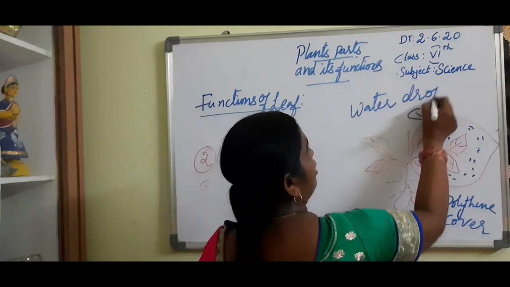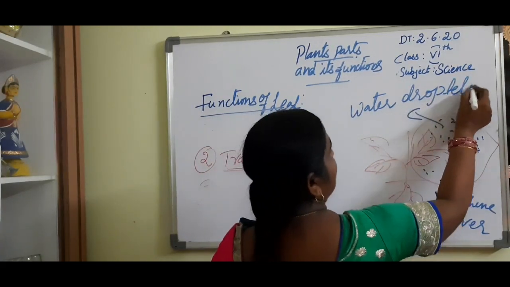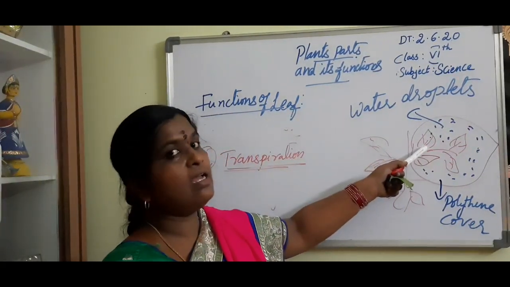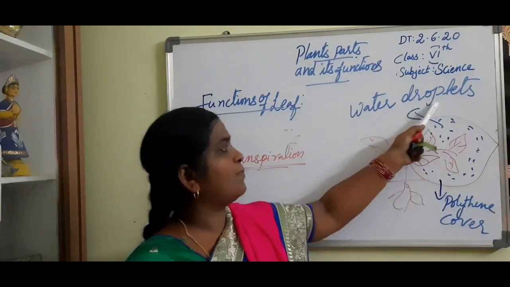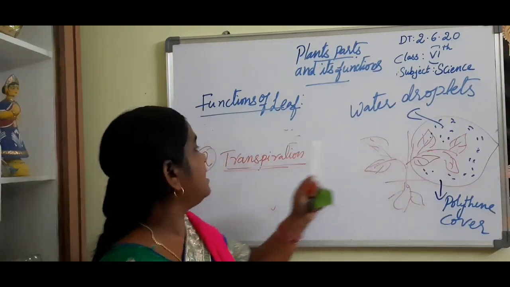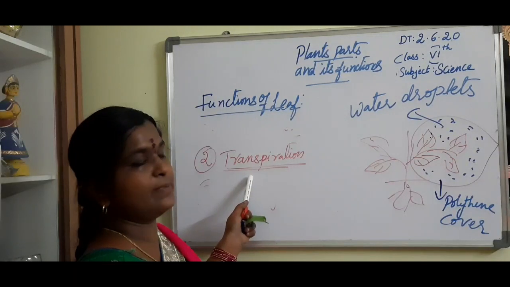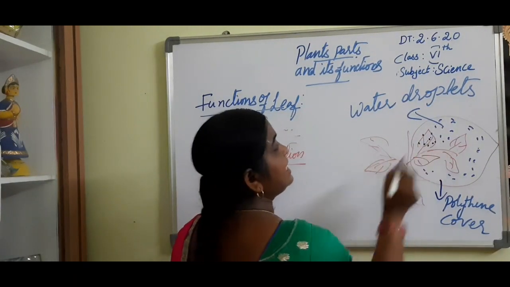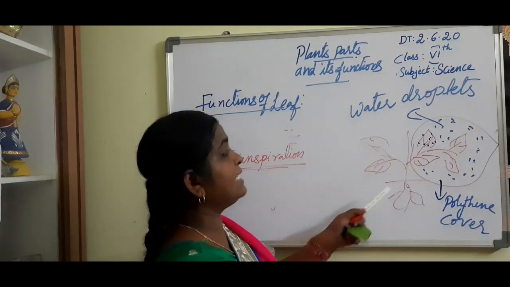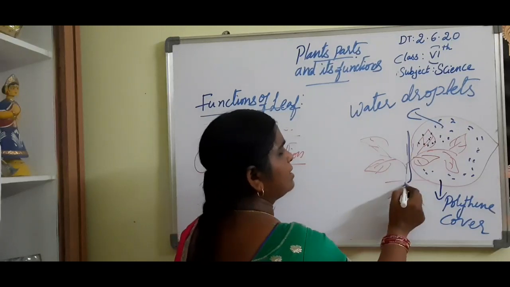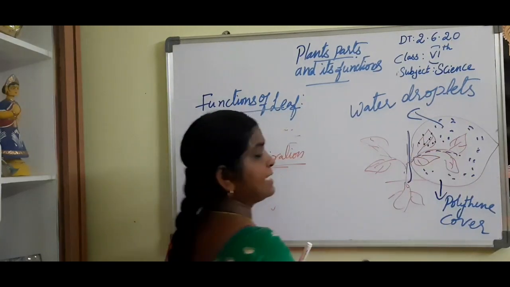Water droplets, which are released from the surface of the leaves. These water droplets which are released from the surface of the leaf, that one we are calling transpiration. That means excess of water which is released from the leaves is called what? Tell me. Transpiration. From other parts also some excess water is released.